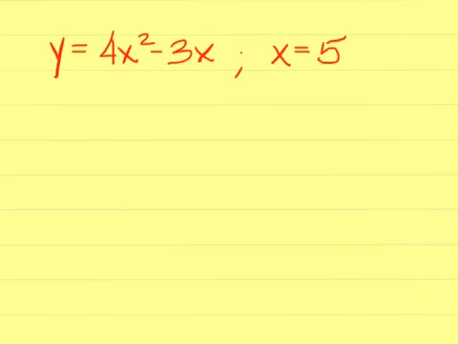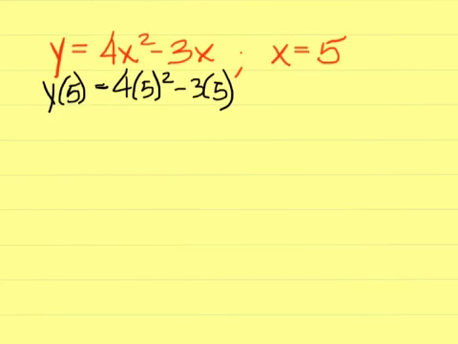Try this one. y equals 4x squared minus 3x, and find the tangent line when x equals 5. Alright, evaluate for y of 5, and that would be 4 times 5 squared minus 3 times 5. That is 100 minus 15, which is 85.